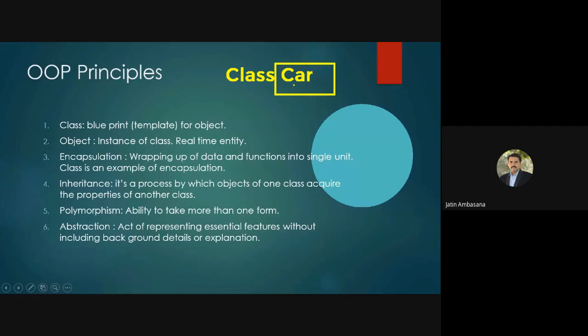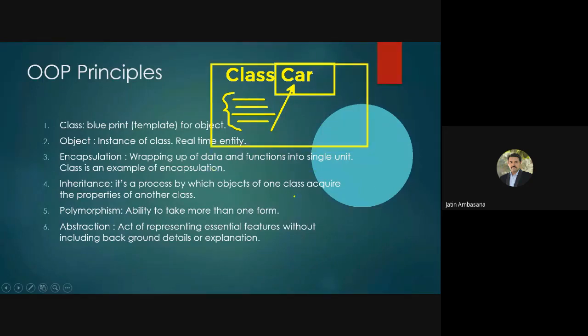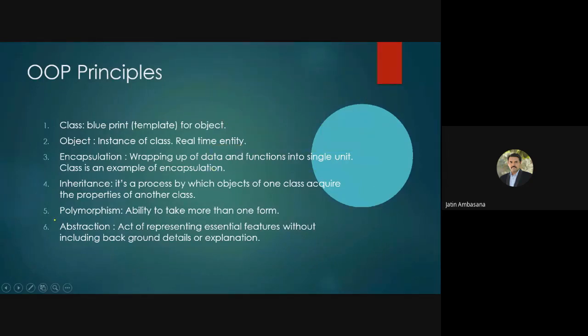You can design your own car depending on the properties that you put. This decision has to be taken by the designer of this class, what properties he will put in this car class. So he can abstract that car object as per his need. That is called abstraction.